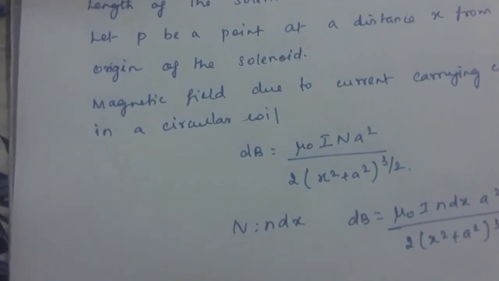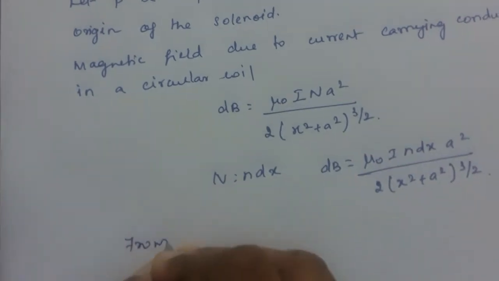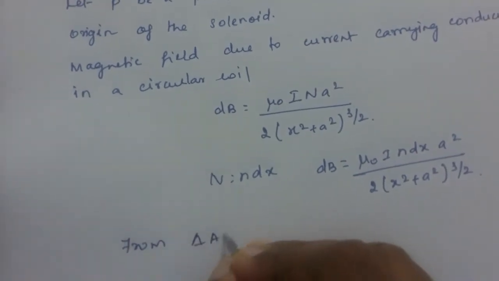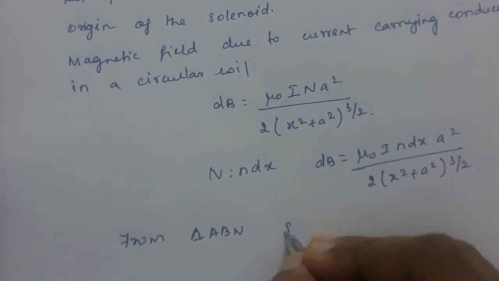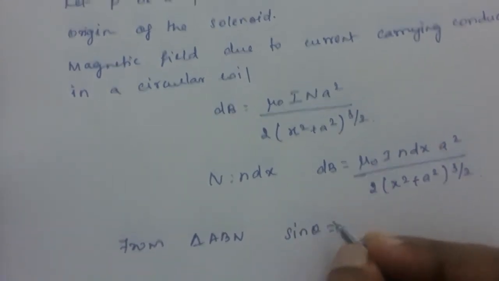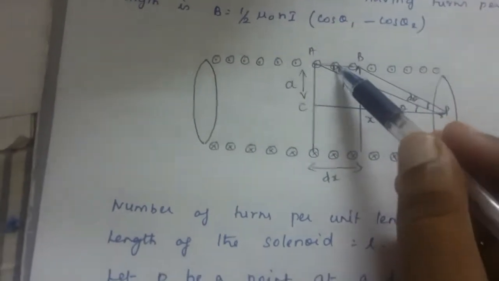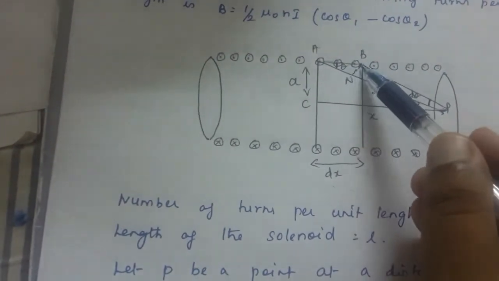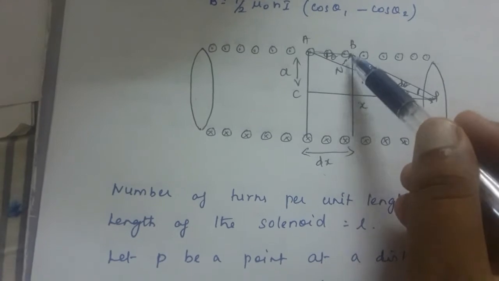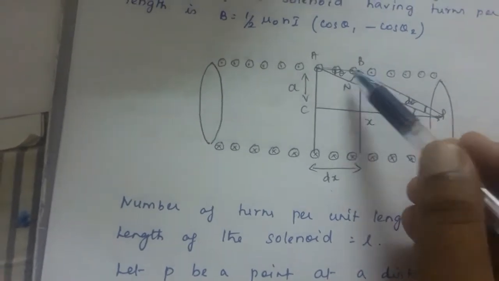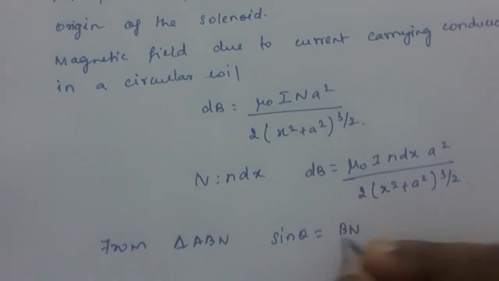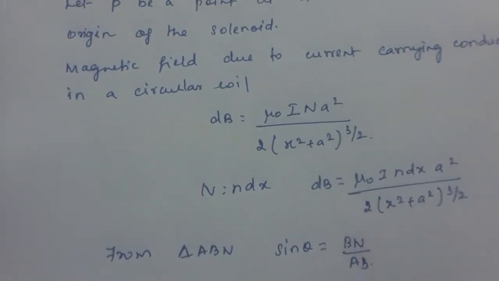Okay, so from triangle ABN, sin theta I am going to find out. This angle is theta, therefore this angle is also theta. Sin theta is equal to opposite side by hypotenuse. Your opposite side is BN, hypotenuse is AB. So it is BN by AB.